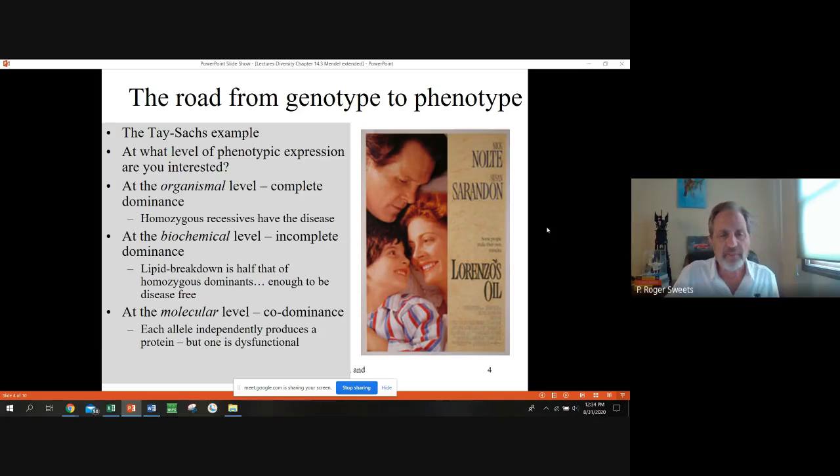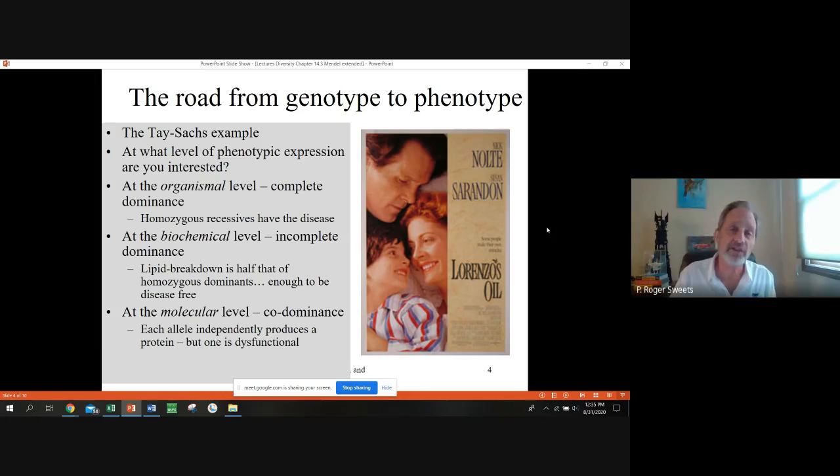If we think about that at the molecular level, and we really look closely, it turns out that our recessive allele actually does produce something. It produces a chemical, but that chemical doesn't actually work. It's dysfunctional.